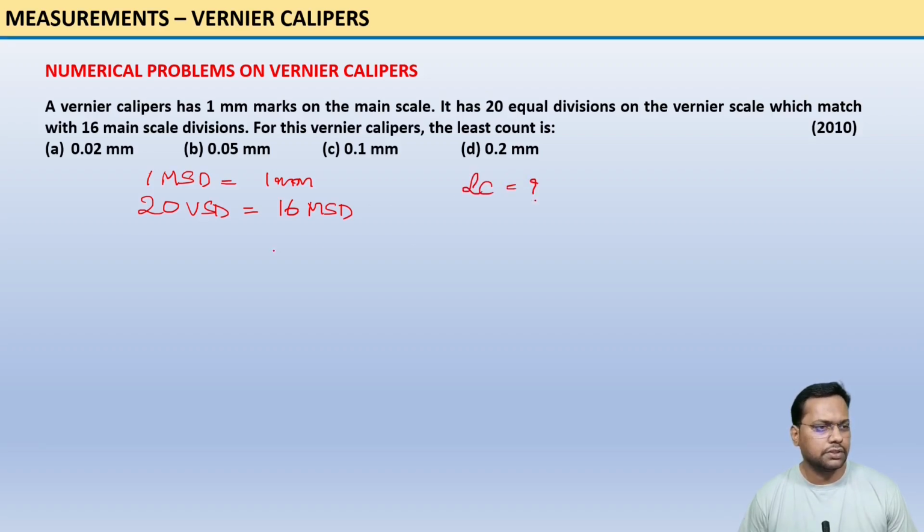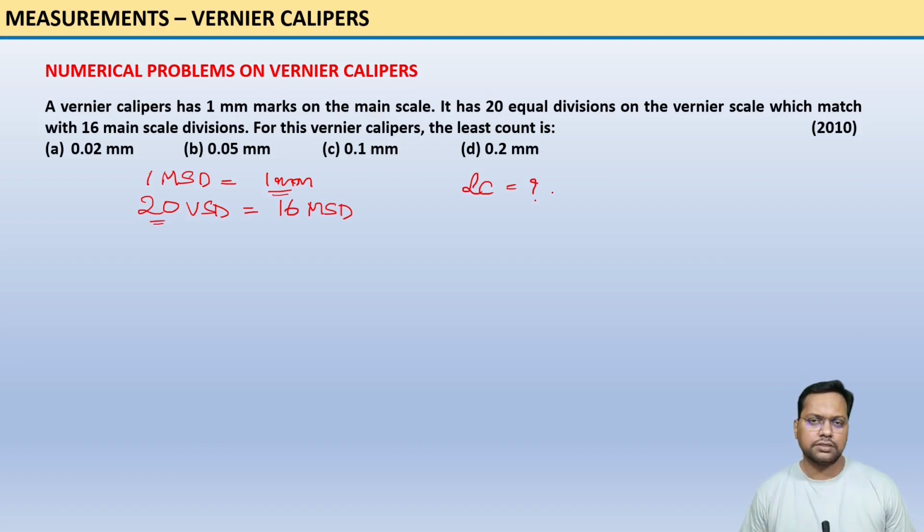So here one main scale division is 1 mm, and there are 20 Vernier scale divisions. So we have the formula, 1 main scale division by 20 Vernier scale divisions. Can we use that formula?